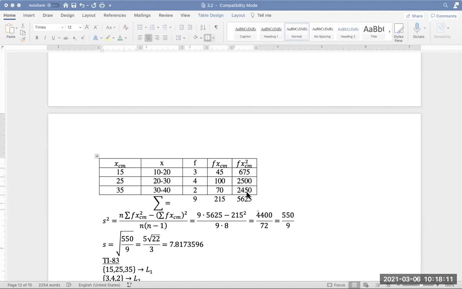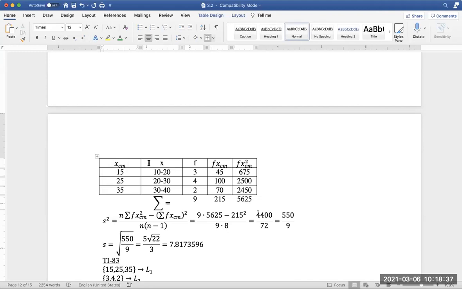Let's multiply the first and third columns to get the fourth column. 15 times 3 is 45.